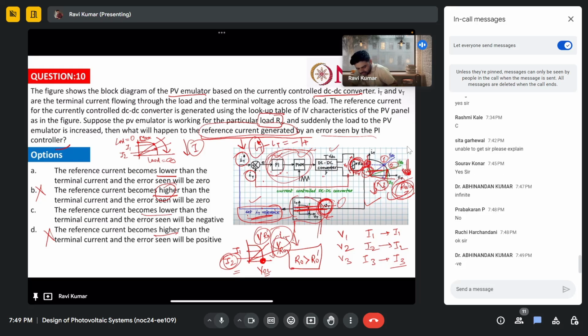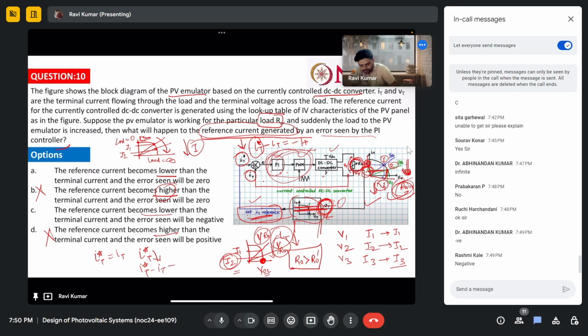First condition, I star T was equal to IT. It was the condition first, before increasing the resistance. Then the situation arises where this IT goes down. So I star T minus IT will be negative. Okay, I got the answer from Abhinandan and Rashmi.